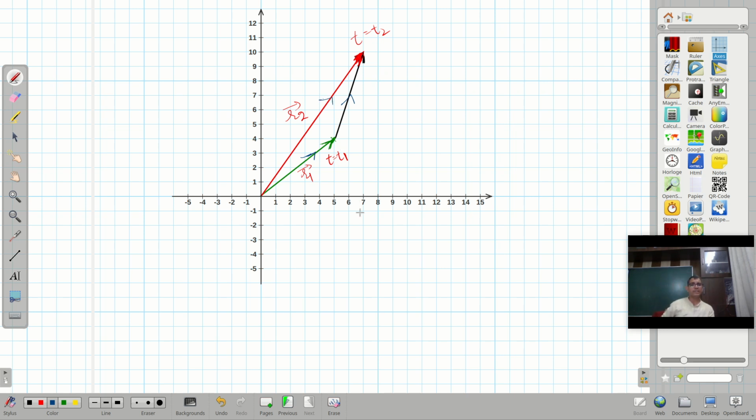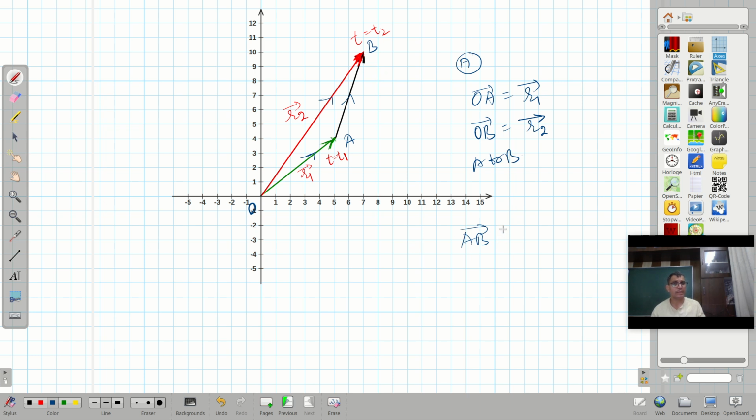Let us call this point O, this point A, this point B. The position of point A is called the OA vector, and let us represent it as the R1 vector, and similarly the OB vector is represented by the R2 vector, and the particle is displaced from A to B, so it is represented by the AB vector.